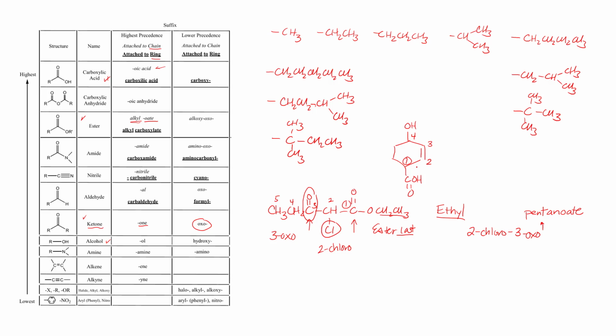So in all of these cases, whatever the group is that's the highest priority gets the number 1 position. If they all have the same priority, then we look for the lowest total sum of the substituent numbers, and if there's more than one way to do that, we number at the end that's first alphabetized.